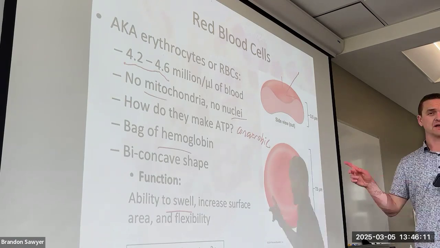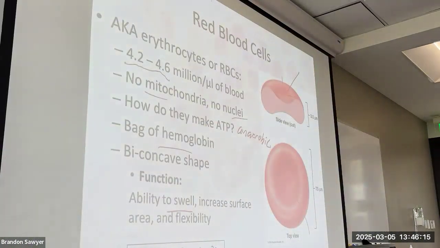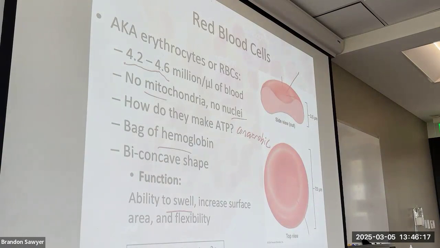Our capillaries are the size to fit one of these red blood cells through at a time in a single file line. So they have to get smashed and squeeze around through those capillaries to make it through, and that biconcave shape helps with all of that. Questions on that?